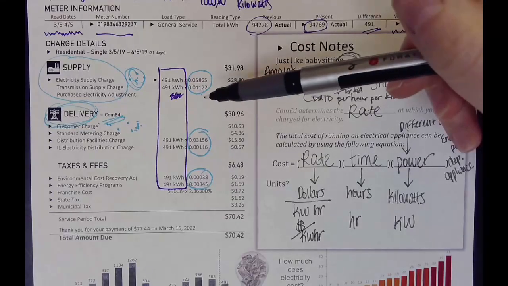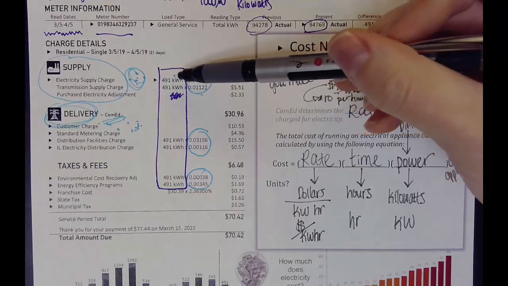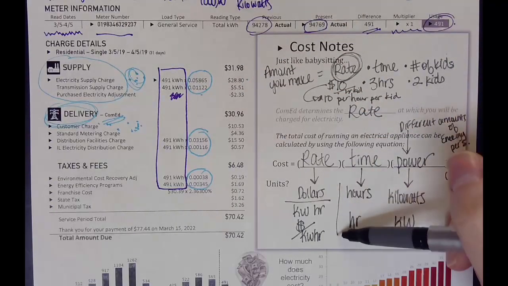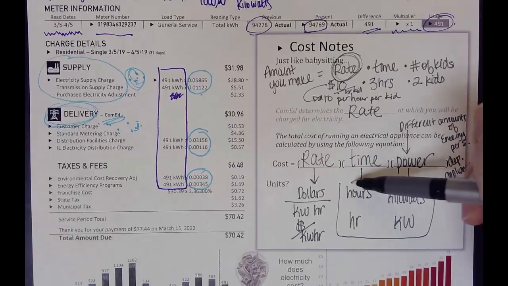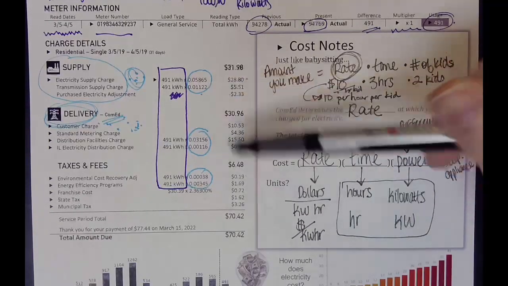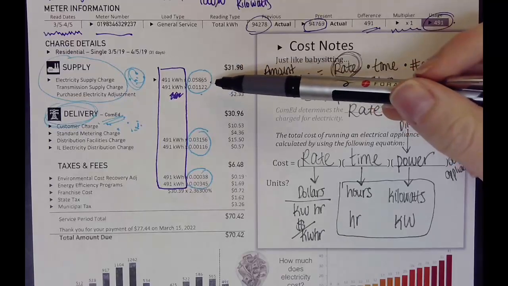So if I go back over here, this is 491 kilowatt hours. They're taking this part and they have already multiplied it together by what they looked at. And then that is their rate of dollars per kilowatt hour. They really should have units there, but of course they don't.